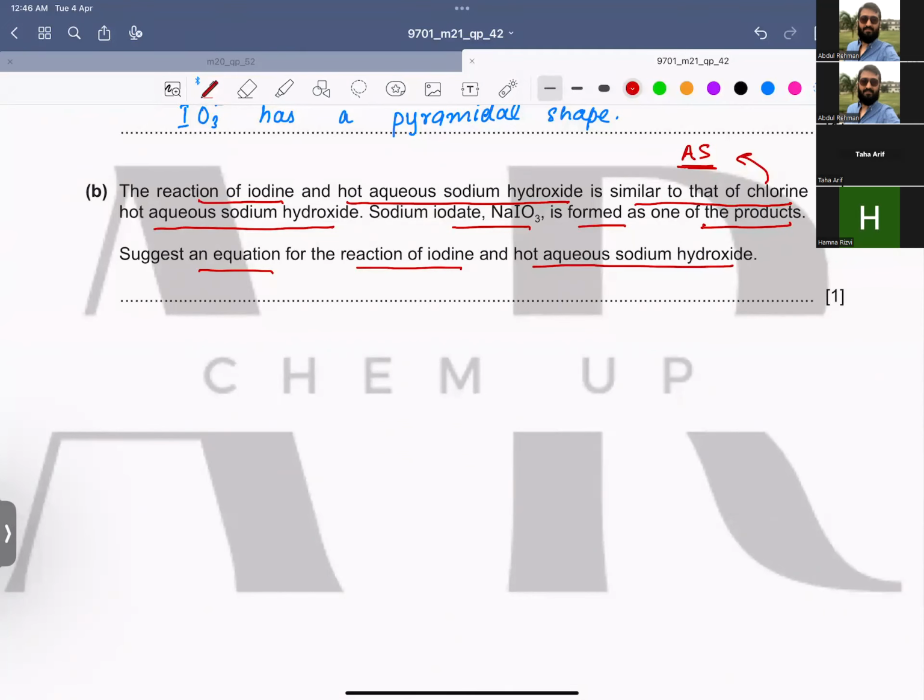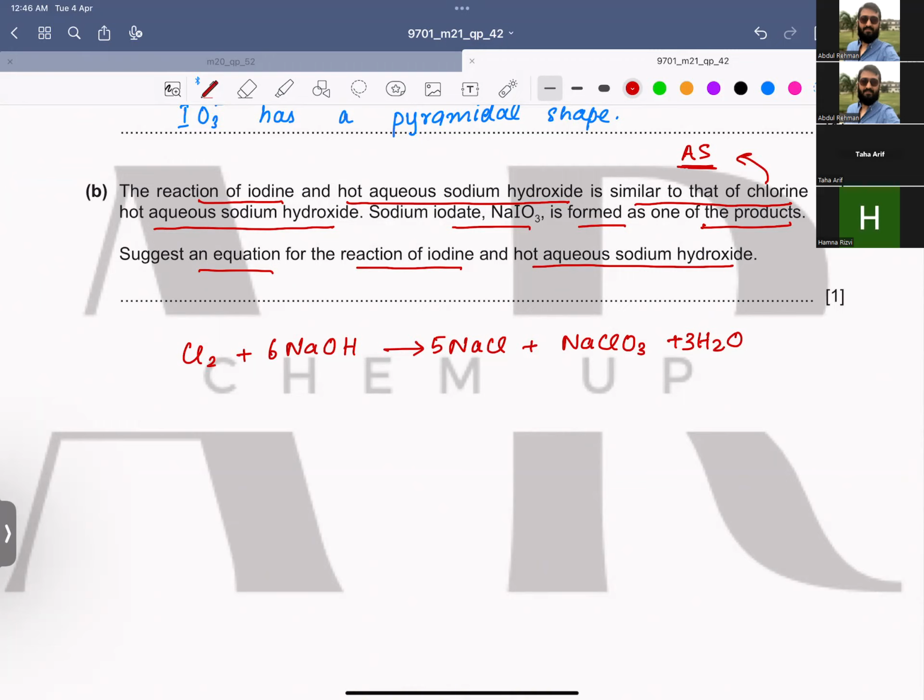If you recall the similar reaction with chlorine, chlorine and sodium hydroxide react to form NaCl and NaClO3 and H2O. If you balance this equation, we need 6 moles of NaOH, 5 moles of sodium chloride are formed, and 3 moles of water are formed.